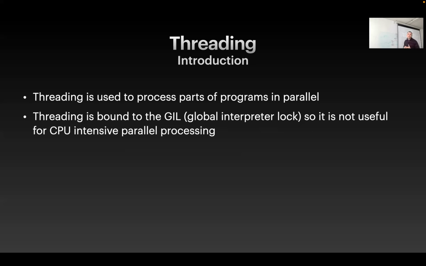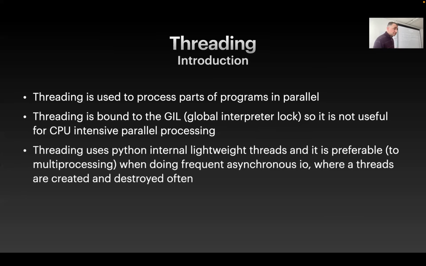And so if you're doing computing intensive stuff, you cannot do it in parallel, right? So this is still useful for all the resource intensive things that are not accessing the interpreter, like, for example, IO for accessing data over the network, or sending messages, or doing anything that is not related to the CPU or the interpreter.